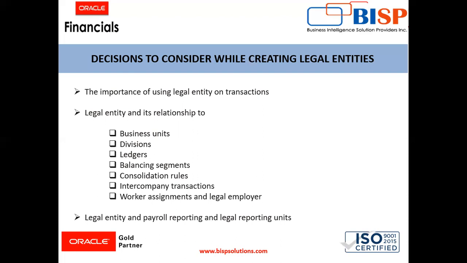To meet these obligations, we set up legal entities as legal employers or payroll statutory units. These details are specified while creating and managing our legal entities in Fusion. So these are the decisions we should consider while modeling our legal entities in the Oracle Fusion financial applications.